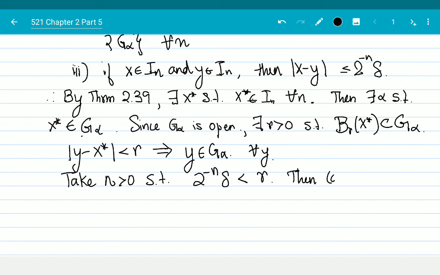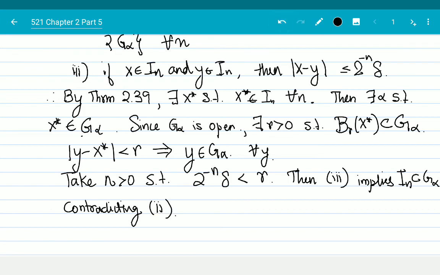Then C, or in my case 3, implies IN belongs to G alpha, contradicting B or 2, right?